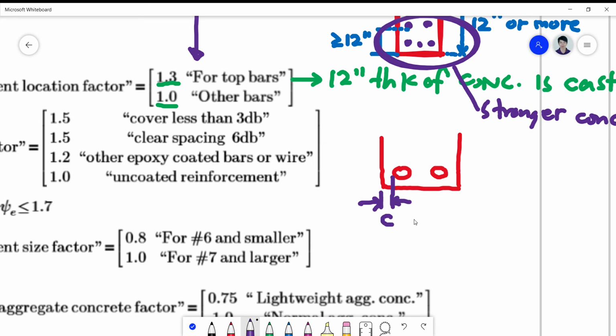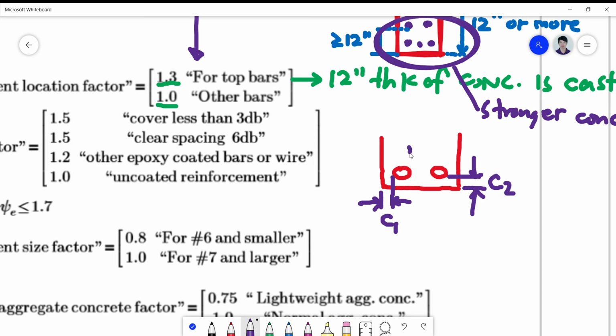Okay, C. You also have here a cover C. If this is C1, your side cover, you can place this as your C2, your bottom cover.